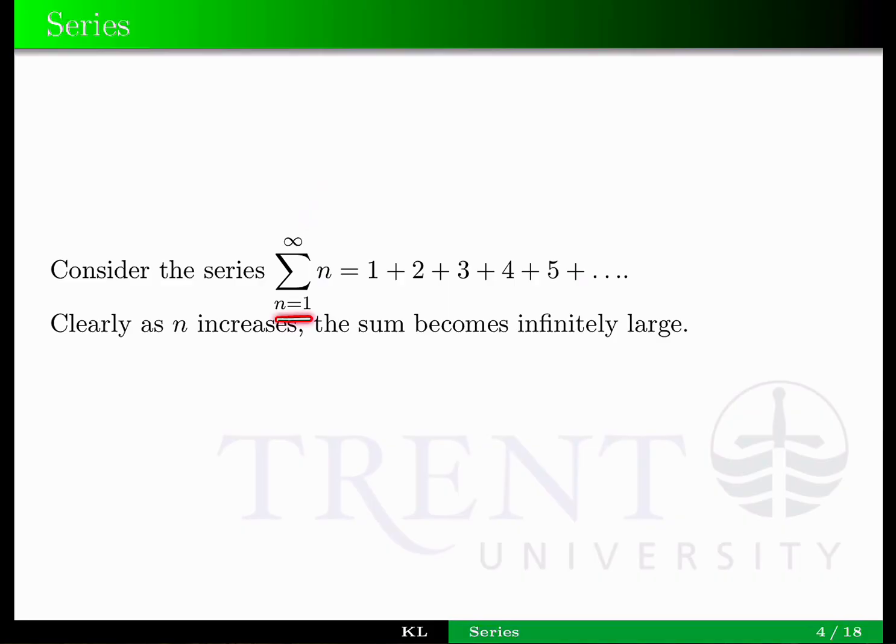So if this is our sum, this is just 1 plus 2 plus 3 plus 4 plus 5 and so on and so forth. So clearly, if you increase n, this sum will just increase, and therefore, this will just go to positive infinity. So this answers that not all series can have a sum. So the question is, do some series have a sum?